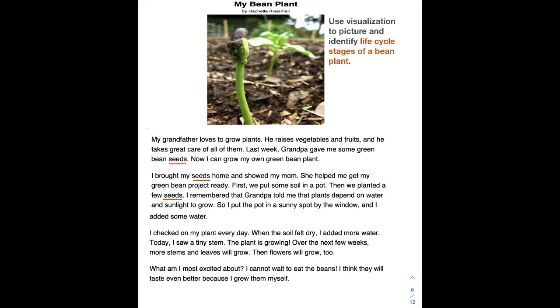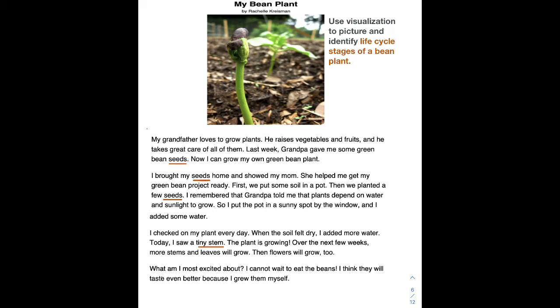I remembered that Grandpa told me that plants depend on water and sunlight to grow. So I put the pot in a sunny spot by the window and I added some water. I checked on my plant every day. When the soil felt dry, I added more water. Today I saw a tiny stem.